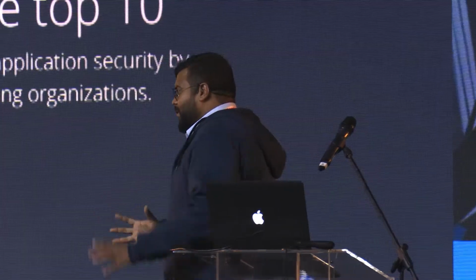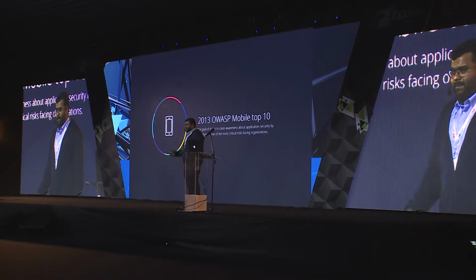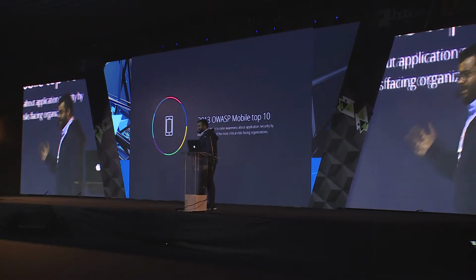So a group of people formed this organization called OWASP. It's Open Web Application Security Project. And they figured out that mobile application is not exactly how a web application or a normal application is. I just gave you an example, right?